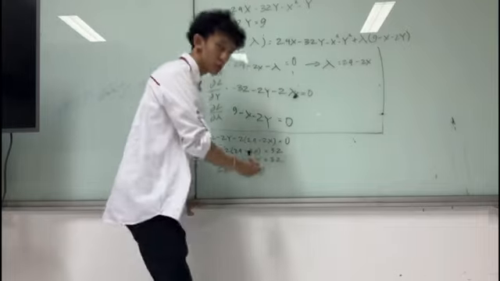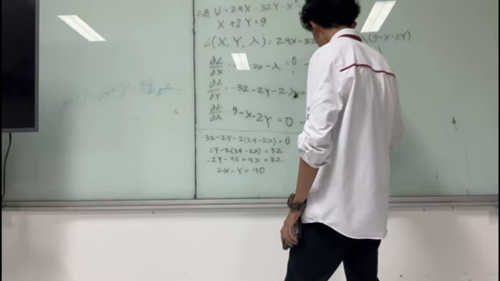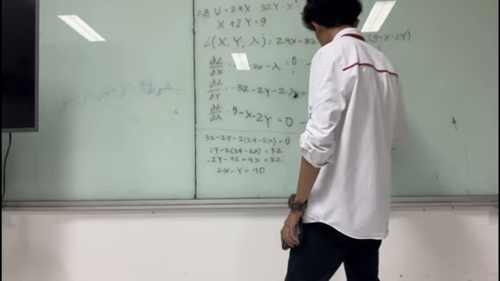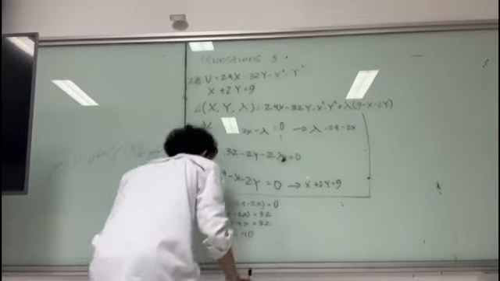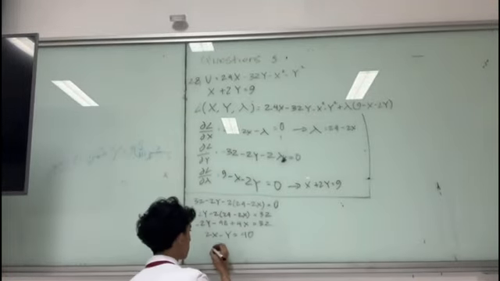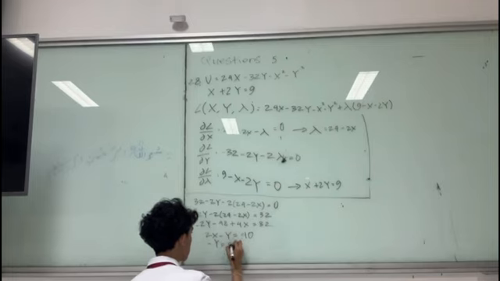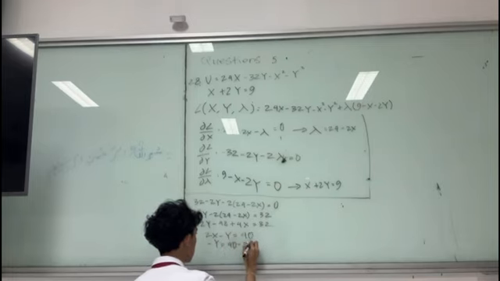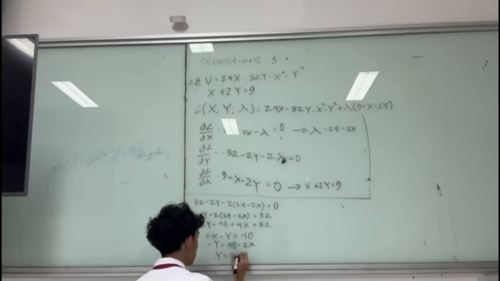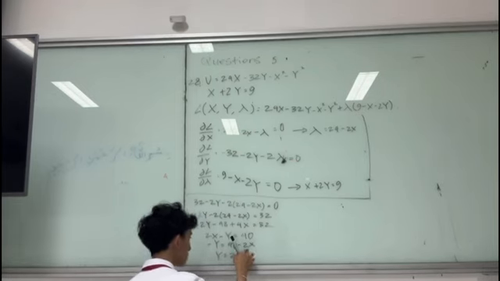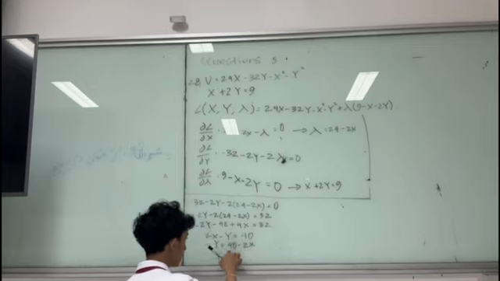Then from here we get negative y equals 40 minus 2x, and here we get y equals 2x minus 40.